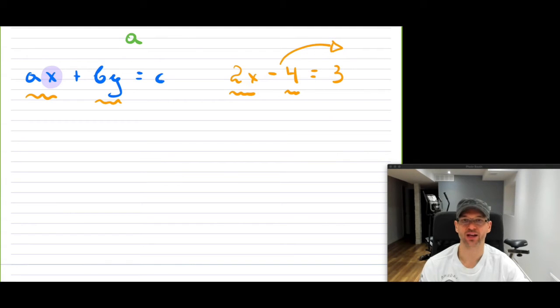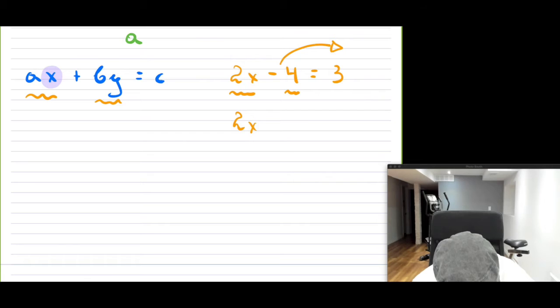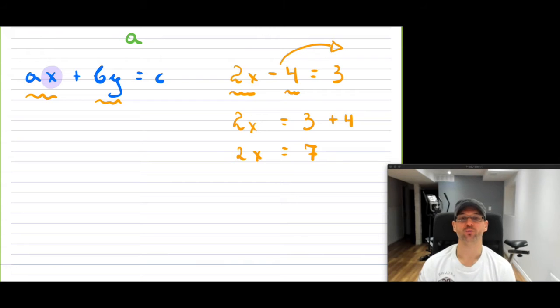The sign changes, right? Because really what you're doing is getting rid of that -4 from both sides. So you would have had this 2x left there, and you would have had 3. The sign changes to a 4, and now great. So what I have is 3 plus 4, which is 7. That's what I would have done because I know those numbers.